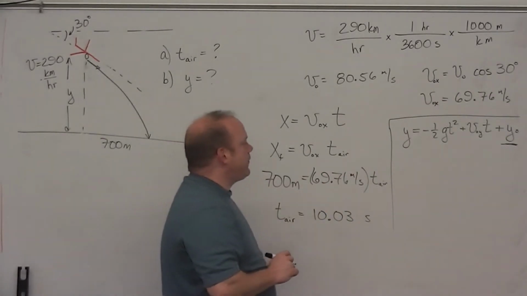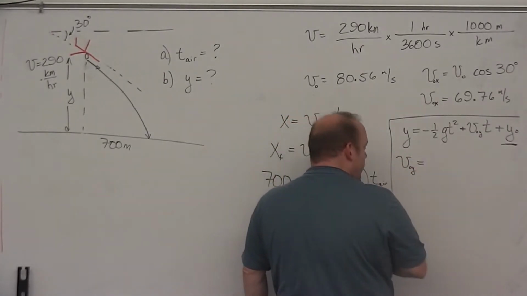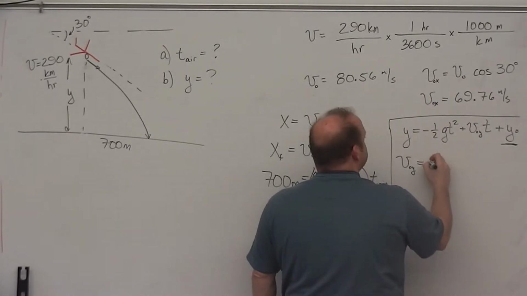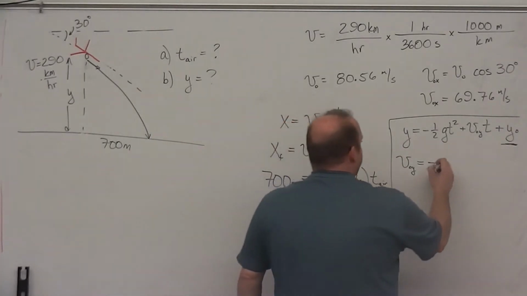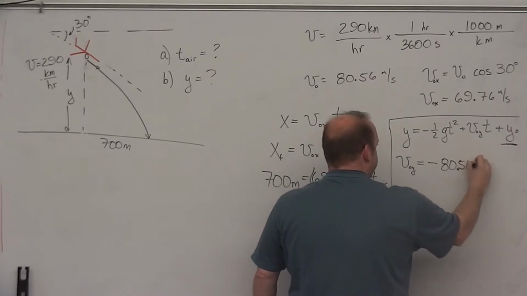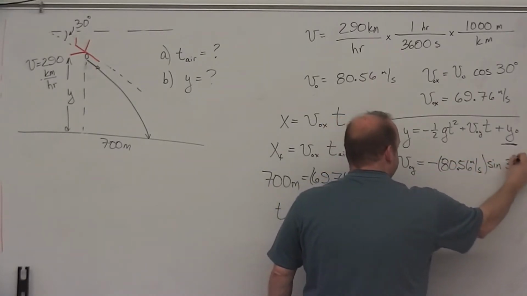So let's go ahead and solve for v0y. v0y is going to equal, and we're saying up is positive, v0y is going to equal negative, because this is pointed down, that 80.56 meters per second times the sine of 30 degrees.